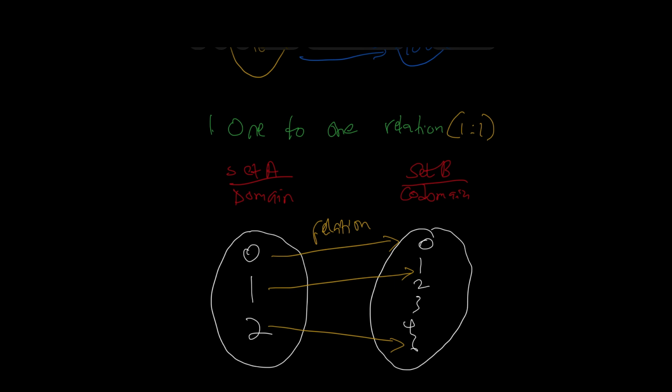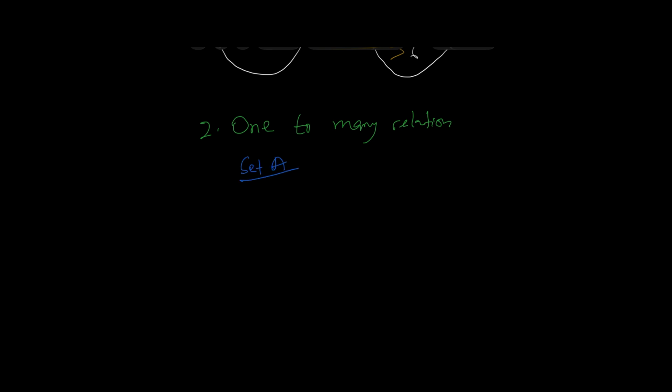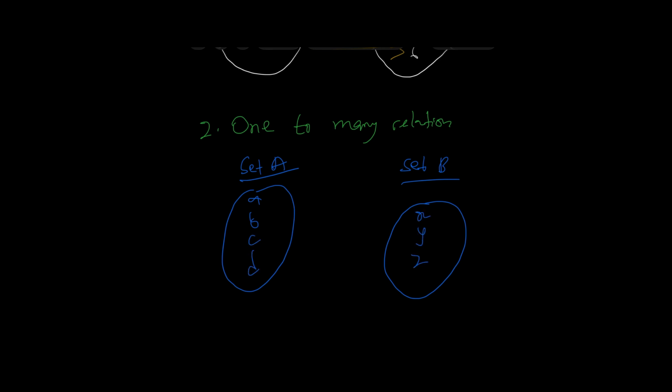The second type is called a one-to-many relation. So similar to the one-to-one relation, if I have a set A and a set B, let's say A, B, C, D, and I have X, Y, Z, T, and a member in the domain has more than one element in the codomain, then the relation is said to be one-to-many.